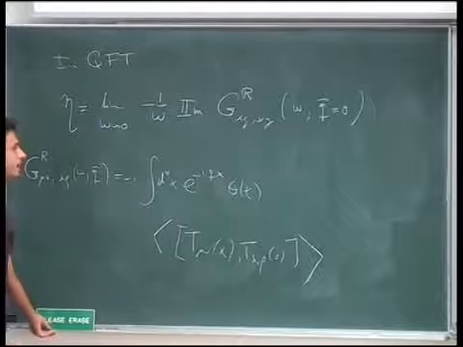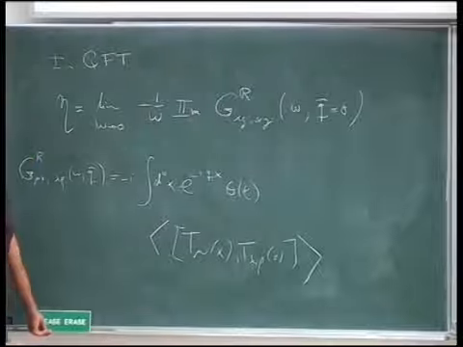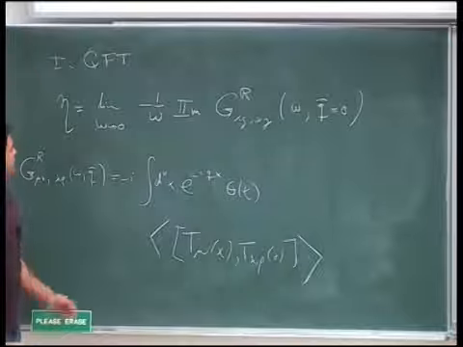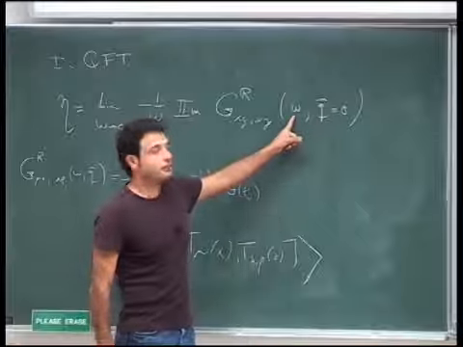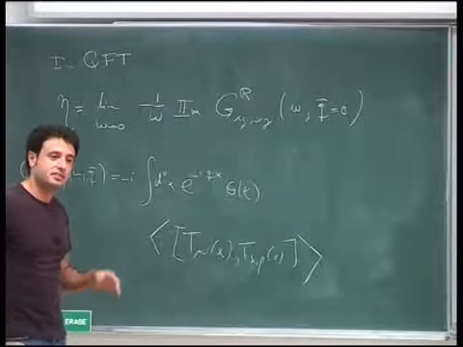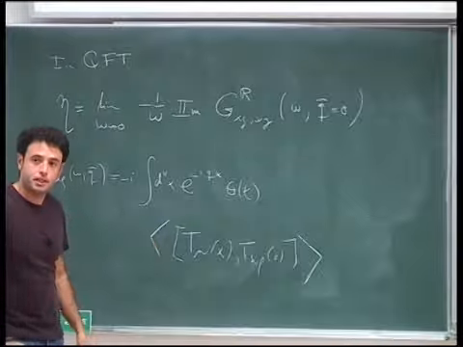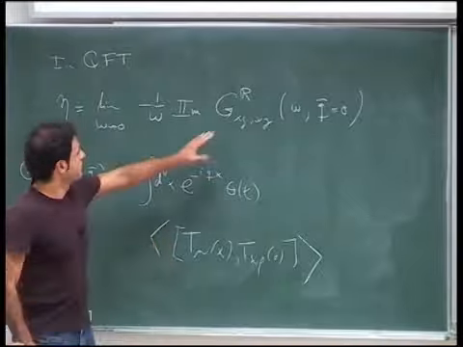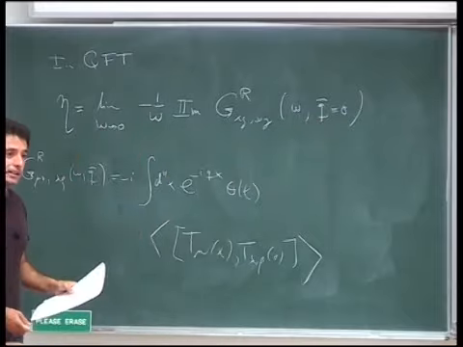So let me make a few comments to make this formula plausible. First of all, we are setting the spatial momentum to 0 and taking a 0 frequency limit. The reason for this is that hydrodynamics applies, as I said, at low energies and long wavelengths. So this Fourier transform at 0 momentum and low frequency is precisely reflecting that fact.